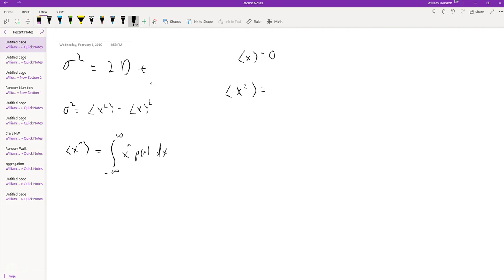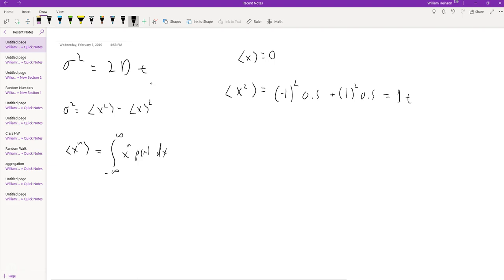Let's look at that for the coin flip. The coin flip is discrete, so this becomes essentially two delta functions. You have -1 squared with 50% probability, plus 1 squared with 50%. That's per time step, which gives you 1 per time step, so 1 times t.